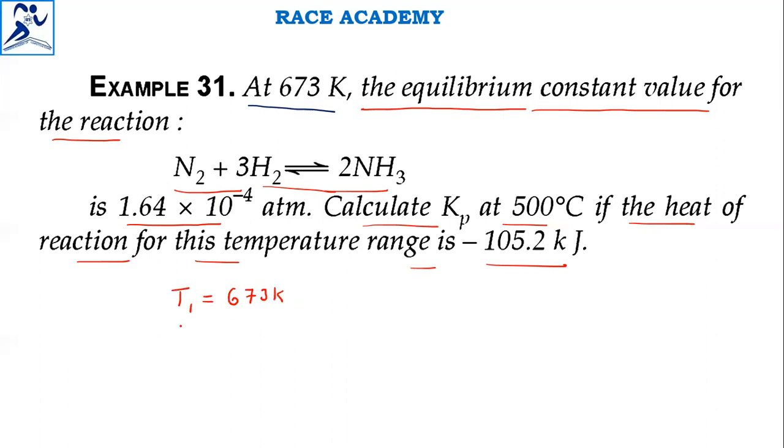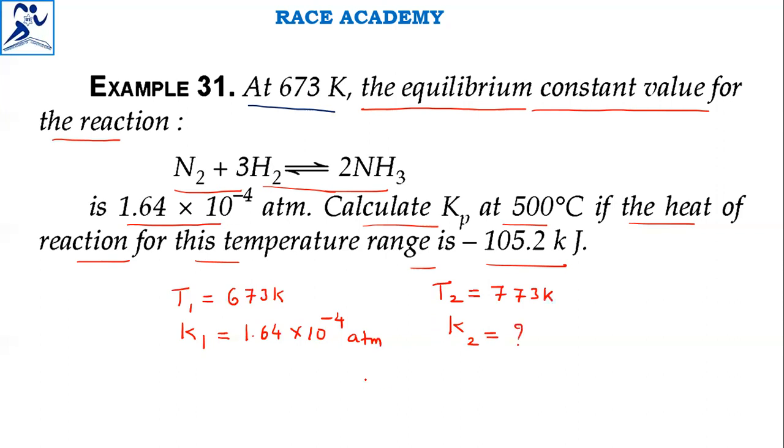At that temperature, the equilibrium constant is K1, that is 1.64 into 10 to the power of minus 4 atmospheres, as given to us. The second temperature given is 500 degrees Celsius, which means it is 773 Kelvin.